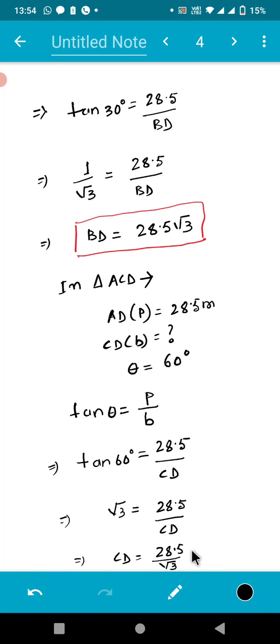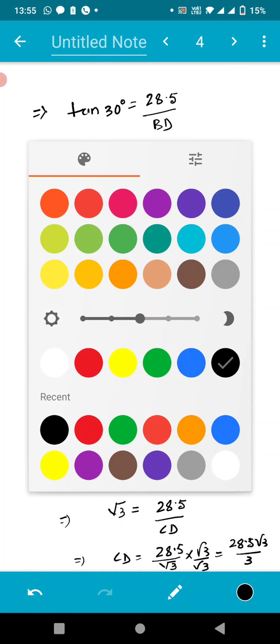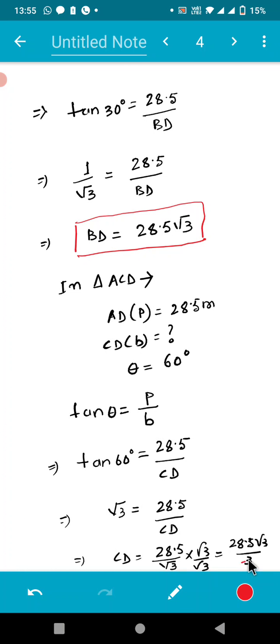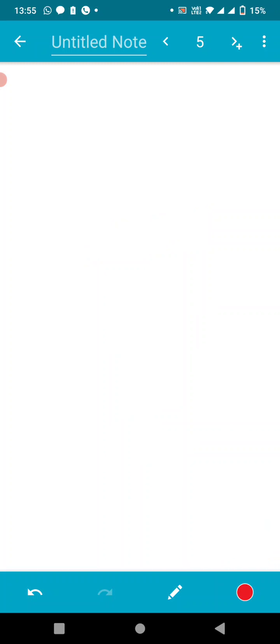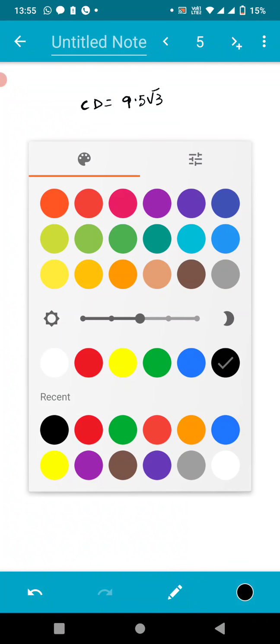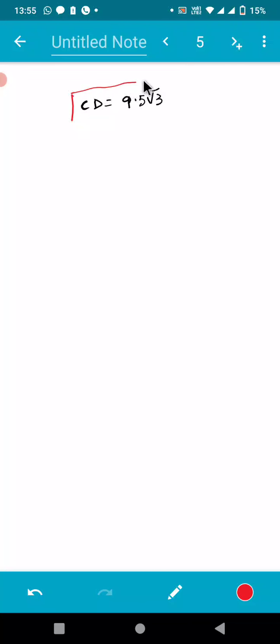As it is an irrational number, we have to rationalize the denominator. So it will be 28.5 root 3 by 3. Now we can obviously reduce 28.5 with 3. So 3 nines are 27, and it would be 9.5. So the required answer of CD is 9.5 root 3. Okay. So see, our second job is also done.